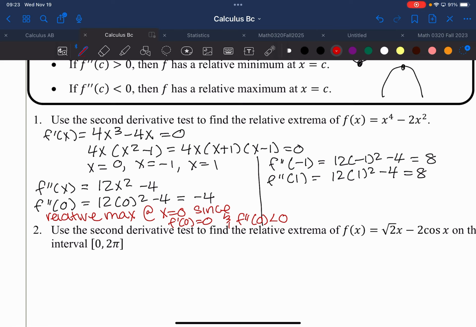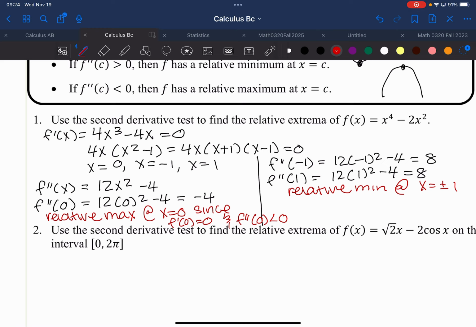Okay, so since that is our relative max, what would be our relative min? It would be both of them, right? Because they're both equal to the same number. So our relative min would be at x equals negative 1 and 1. Okay, so we would say our relative min is at x equals plus or minus 1.